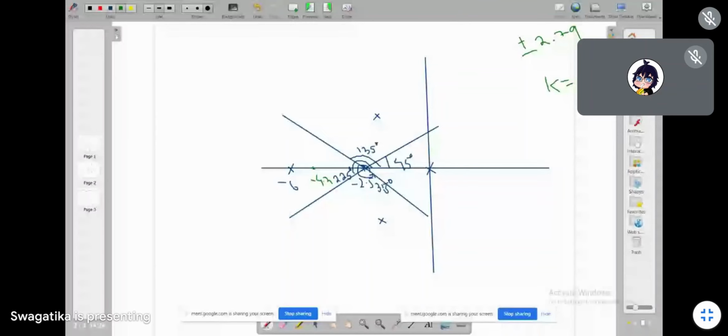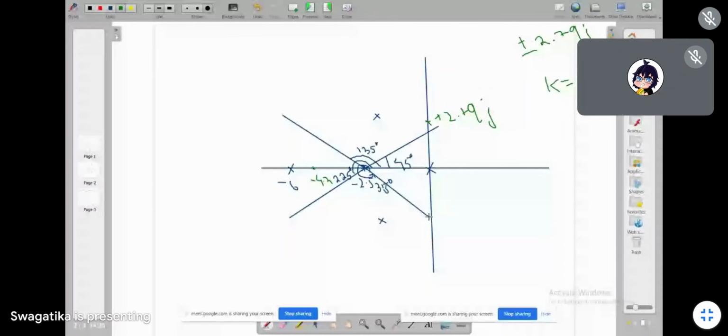So it is plus or minus 2.79, plus 2.79j and minus 2.79j. Okay. So your breakaway point is minus 4.2.